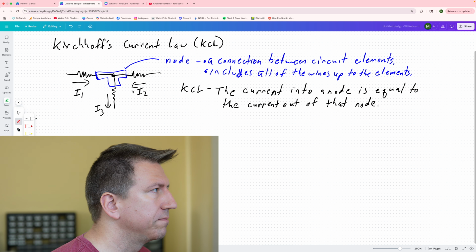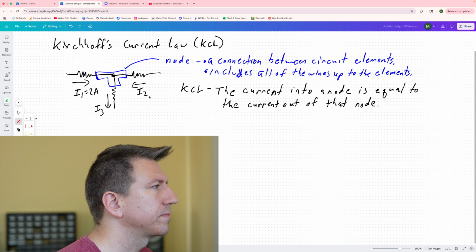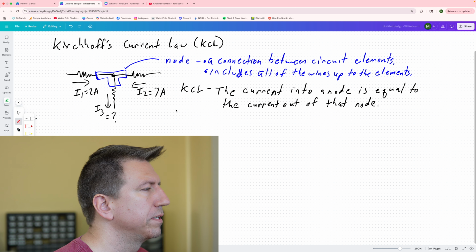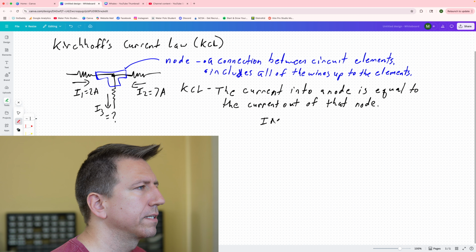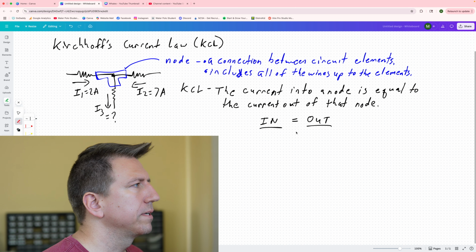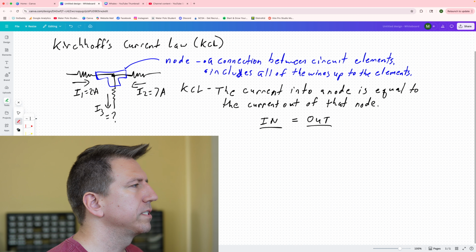All right, so let me give some values here. Let's say that I1 is 2 amps and I2 is 7 amps, and we want to know what I3 is. So in this case, I'm going to say that the current in is equal to the current out. Which ones are flowing into the node? We can see I1 is flowing into the node, I2 is flowing into the node, and I3 is flowing out.